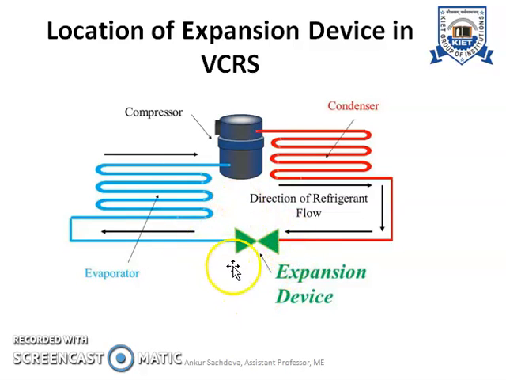So these expansion devices play a very important role in refrigeration that we have discussed a number of times in previous units. So let us first understand what the functions of the expansion device are.